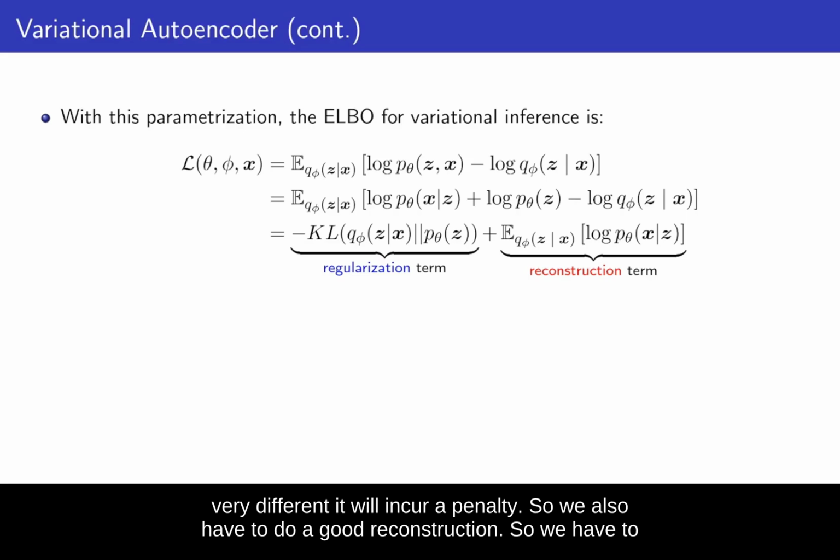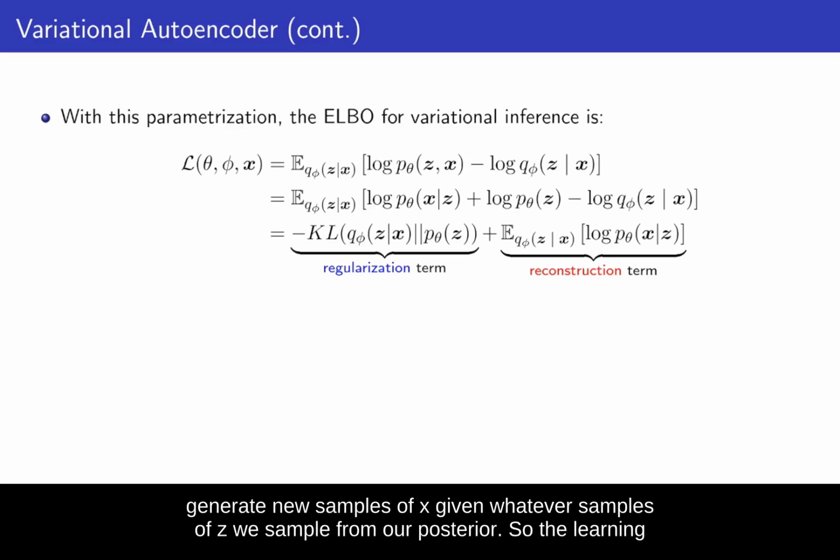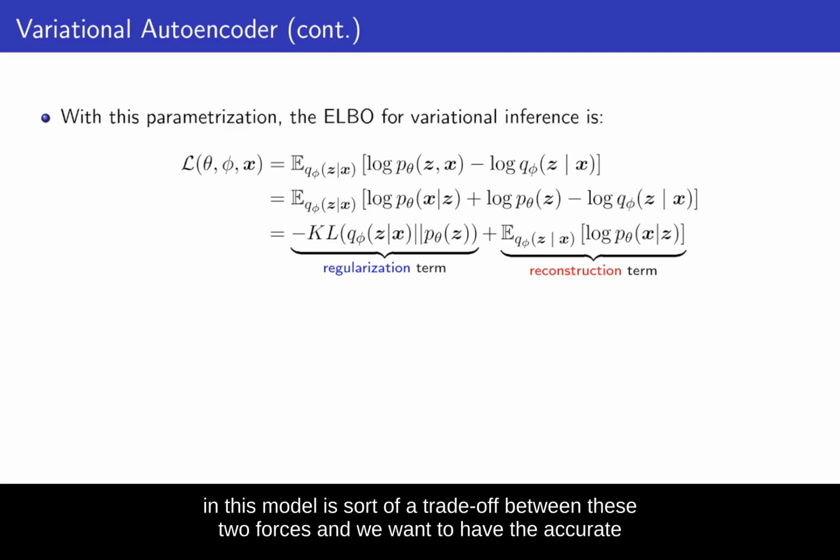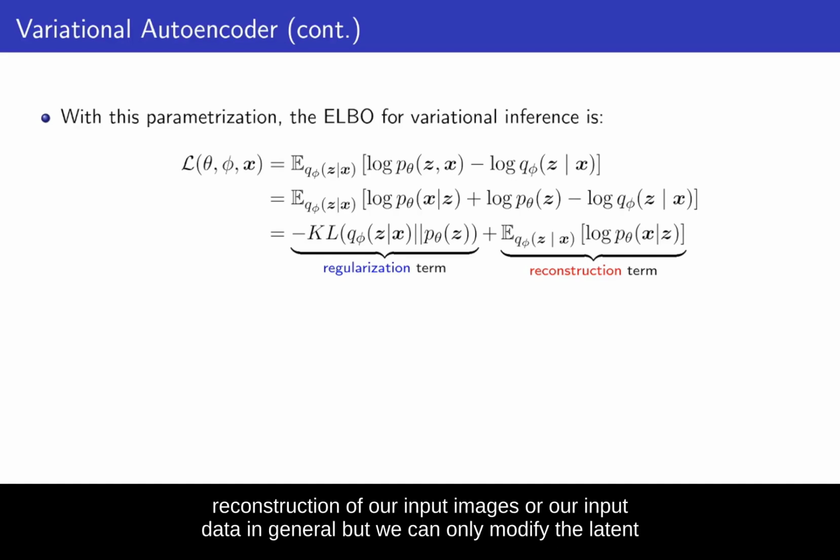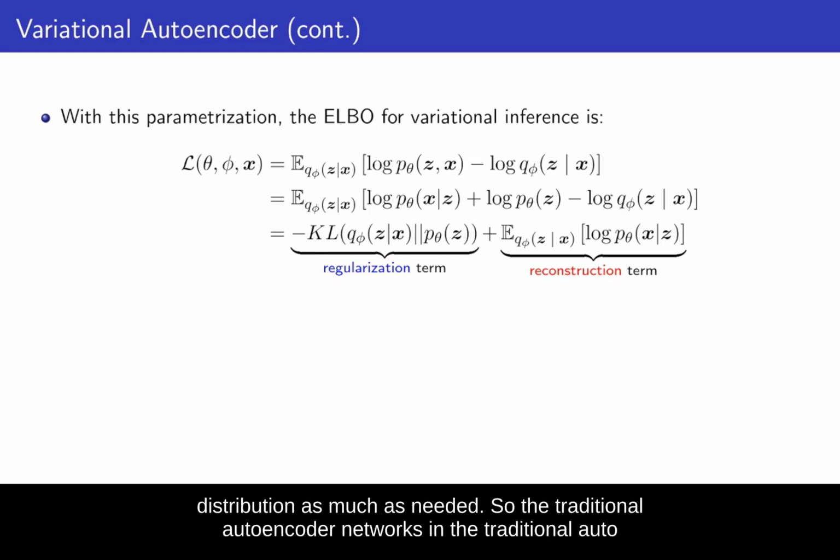So we also have to do a good reconstruction. We have to generate new samples of x given whatever samples of z we sampled from our posterior. So the learning in this model is a trade-off between these two forces: we want the accurate reconstruction of our input data, but we can only modify the latent distribution as much as needed.